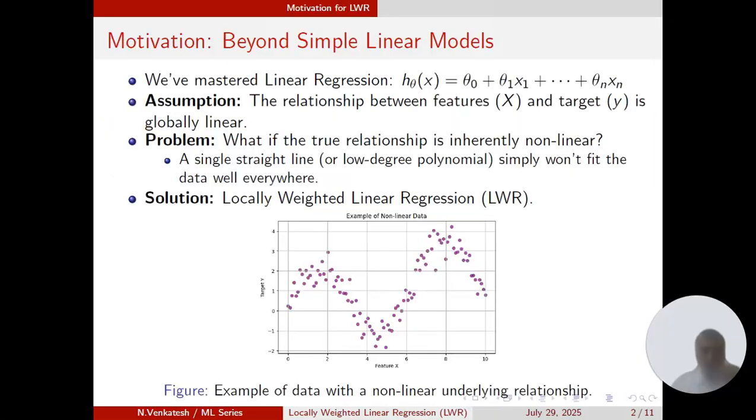So let us quickly recall. We had discussed linear regression in the previous lecture, and we had defined a hypothesis as theta naught plus theta 1 x1, theta 2 x2, and so on, theta n xn.